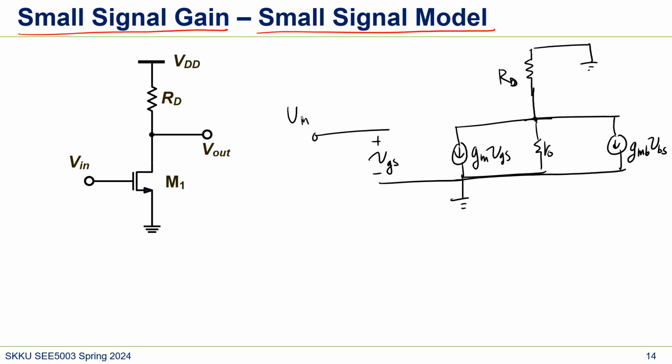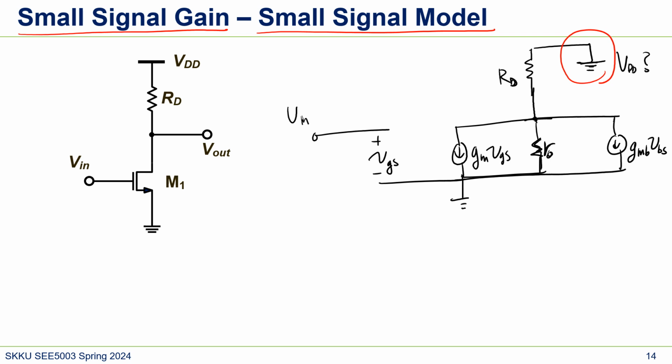So this is our small signal model. This is very important. You have to be really used to it. I think there might be one thing that you guys are confused about: RD, wasn't it connected to VDD, right?